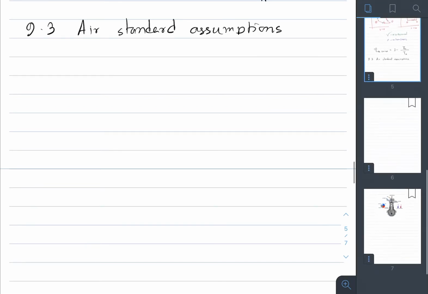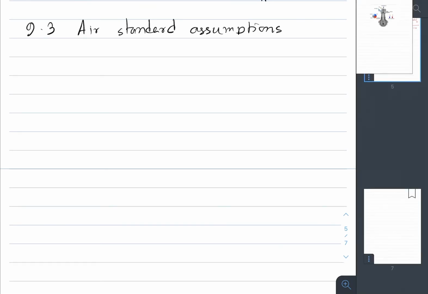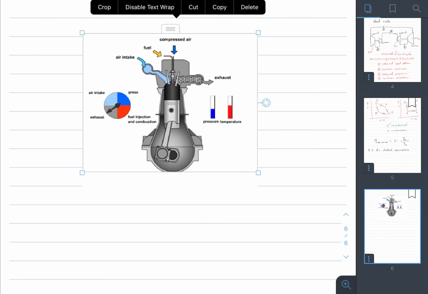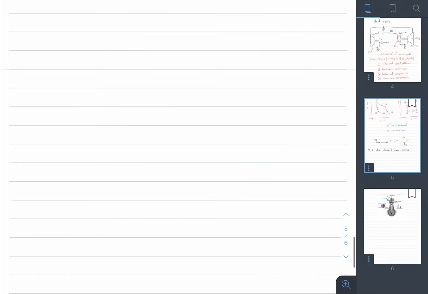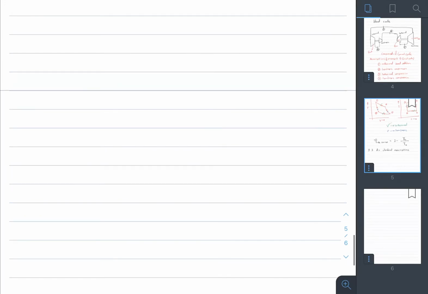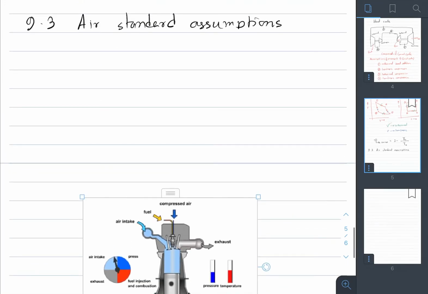Some of the assumptions, I would like to bring an example here.